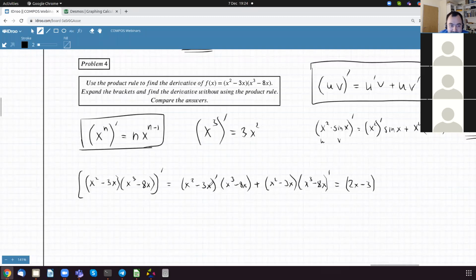The derivative of x to the power 1 is just 1, multiplied by x cubed minus 8x, plus x squared minus 3x multiplied by 3x squared minus 8.